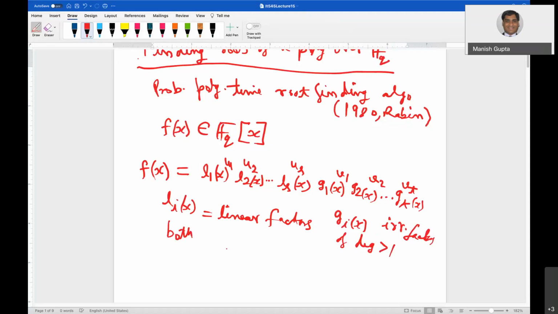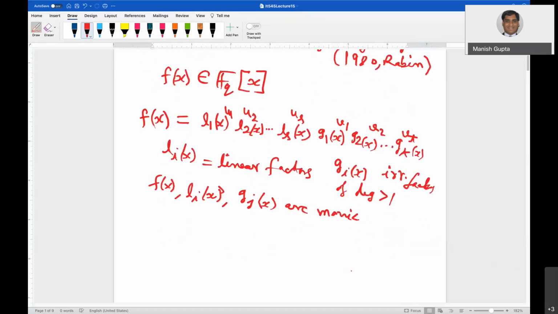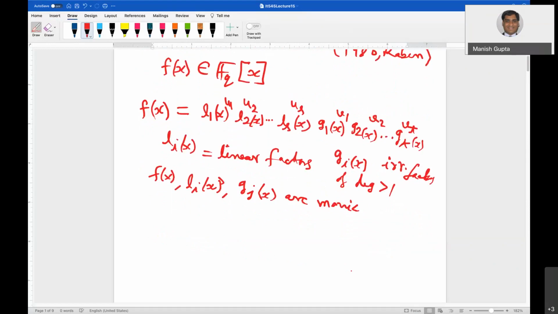We assume that f(x), Li(x), and gj(x) all are monic polynomials, meaning the leading coefficient is 1. So Li(x) are linear factors, meaning degree is 1, and gi(x) are irreducible factors of degree greater than 1, right? Suppose f(x) is like this.